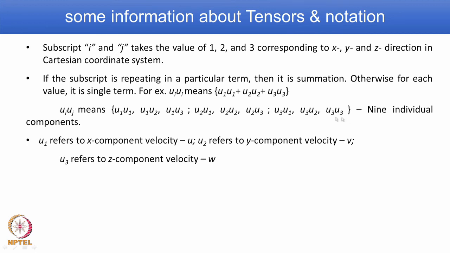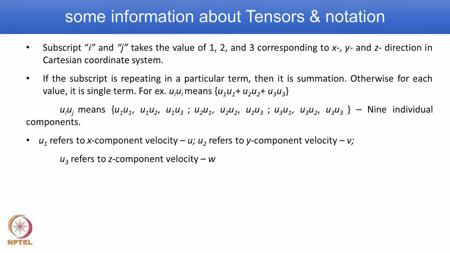When you write a term u_i u_j, i takes a value independently 1, 2, 3 and for every value of i, j takes a value independently 1, 2, 3. In total you get 9 independent components, and all the 9 independent components are displayed here.